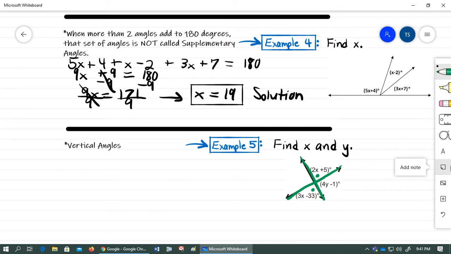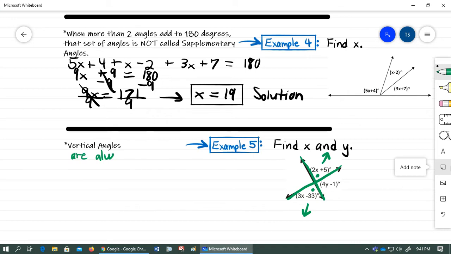These two non-adjacent angles that are facing opposite directions from each other are vertical angles. And we mentioned in our last lesson that vertical angles are always congruent.